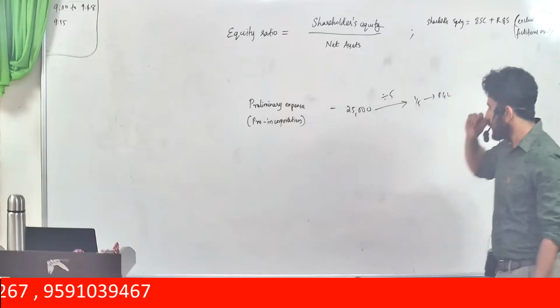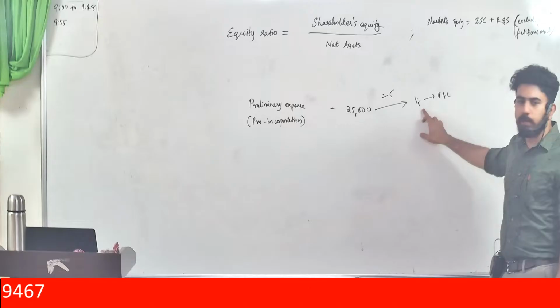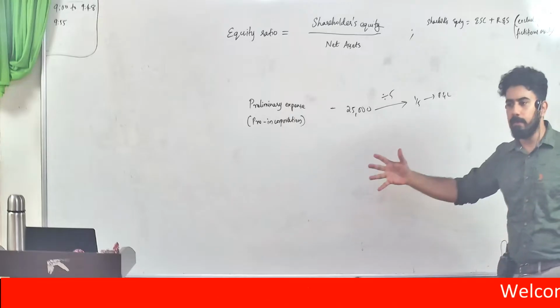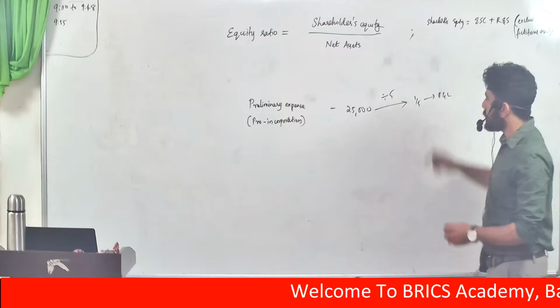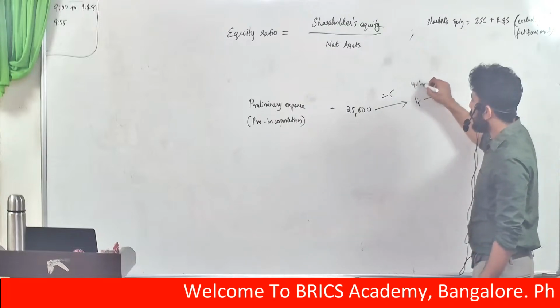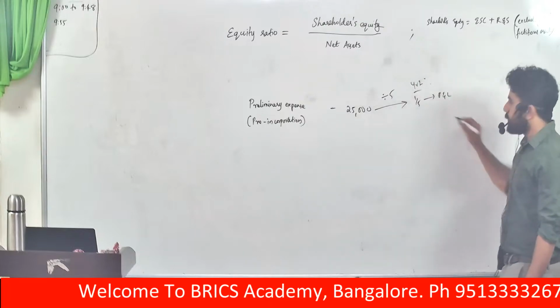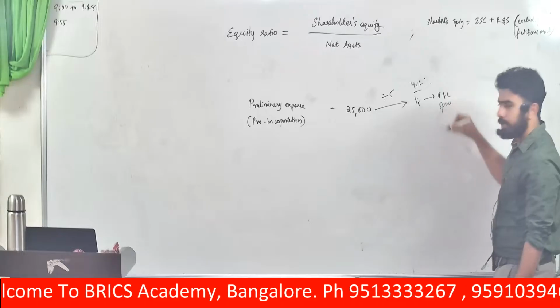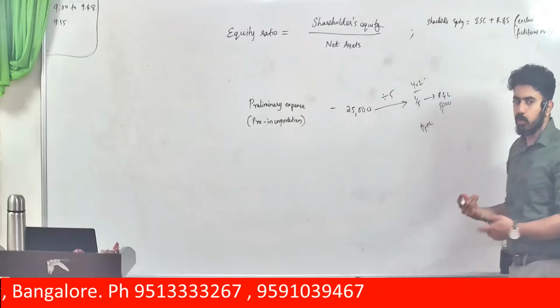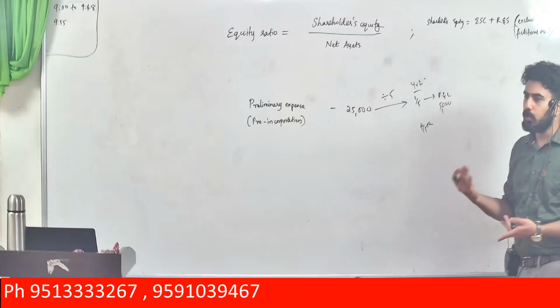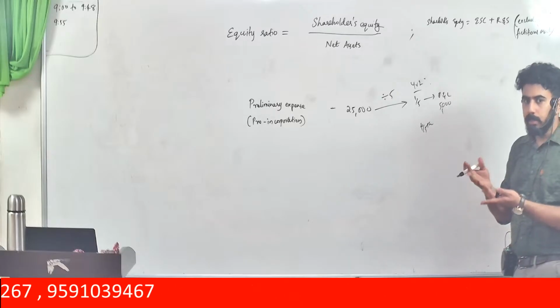Not allowed. You have to split it into five pieces and charge one-fifth to P&L each year. So in the first year you charge 5,000 to P&L, then you have four-fifths left. This you can't put in P&L. Our only option is the balance sheet.